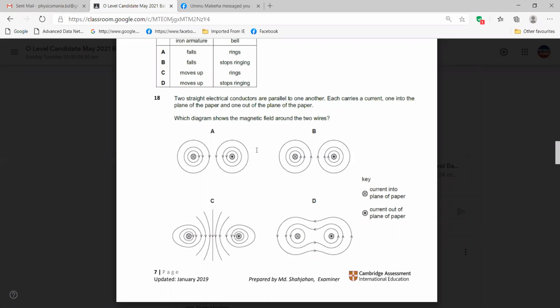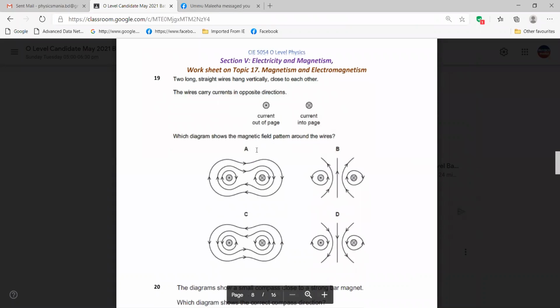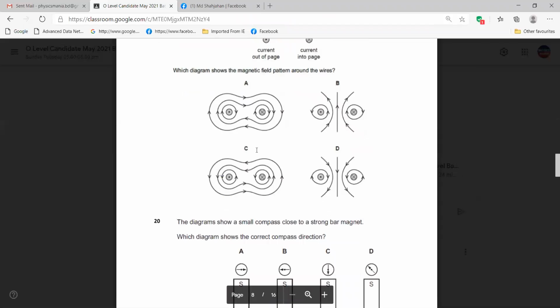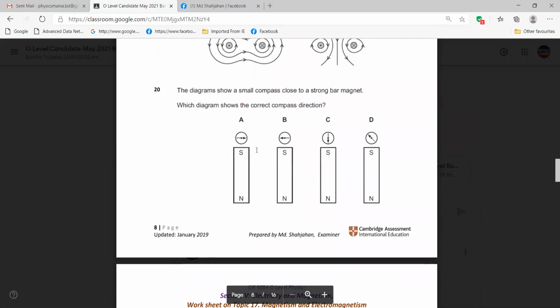Then what about 19? Yes, I'm thinking about it. It should be B, right? Yeah, B. So you see how expert you are becoming now. Very much expert.